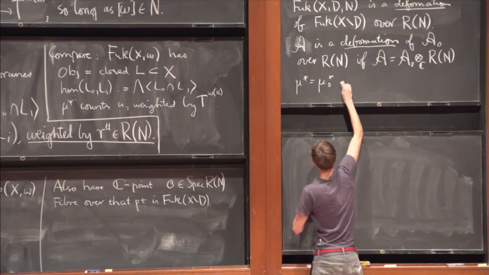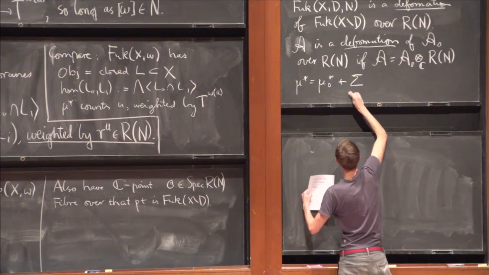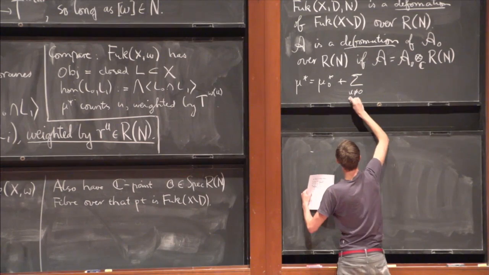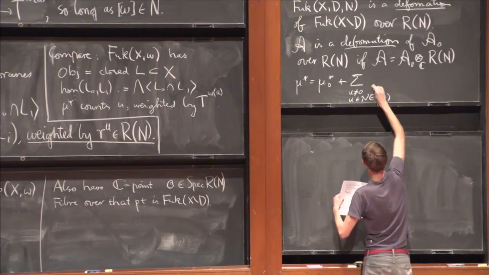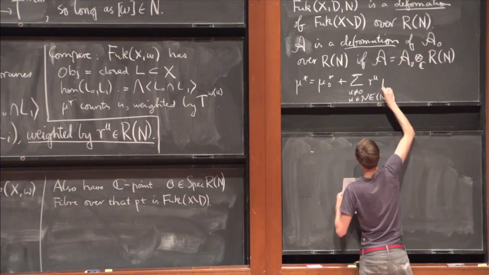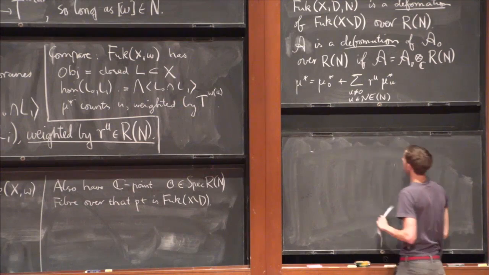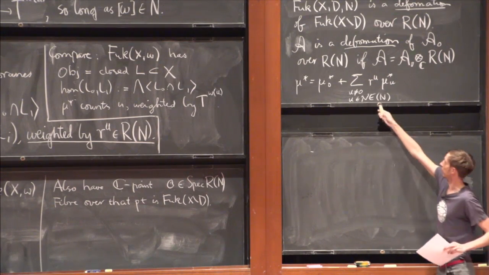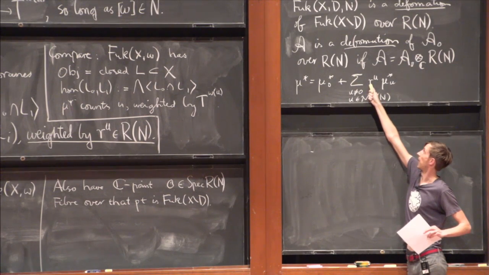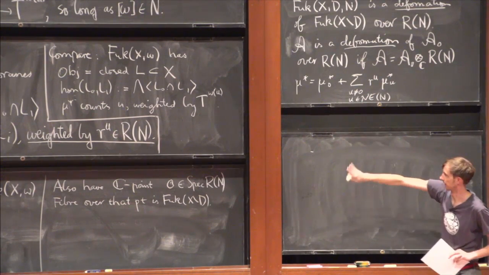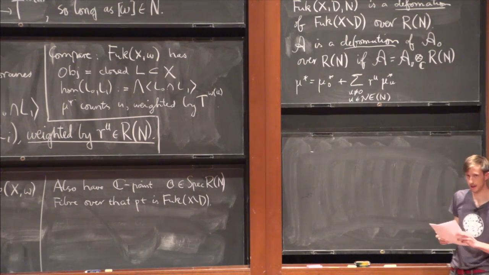But the A infinity structure maps can have higher order terms given by multiples of r to the u, where the r to the u are the generators, or the elements, the monomials in this ring R of n.